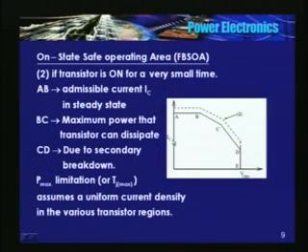But if you see for a BJT, there are 4 limits. IC versus VCE. So if you see AB, it is the admissible current IC in steady state. So a device can carry this much current till the voltage across it is maybe of this value.